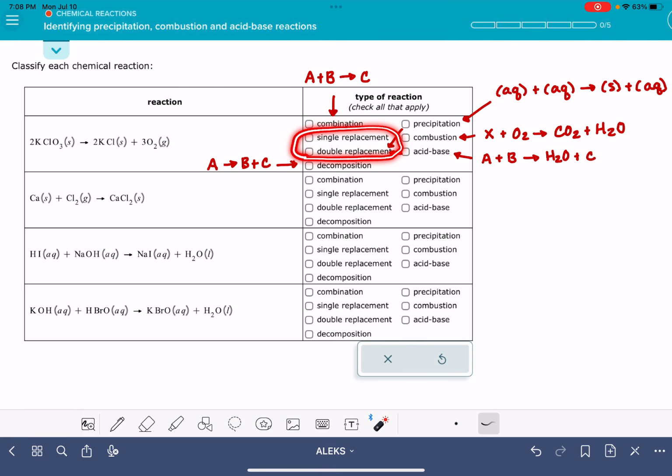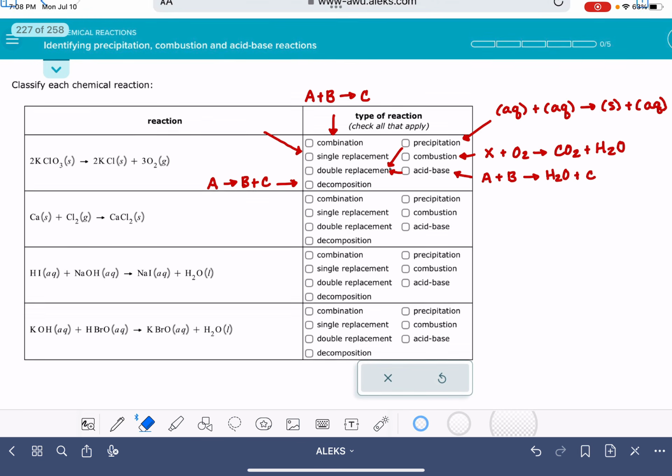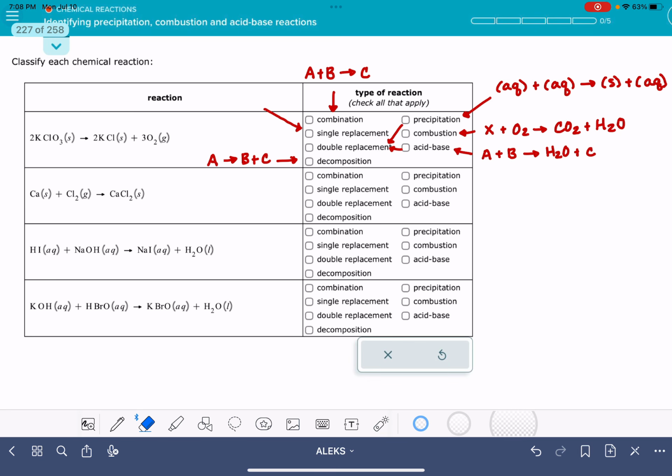The single replacement and double displacement reactions are, I think, the hardest ones to sketch out the way that I do for the others. In a single replacement reaction, you have a total of 2 products and 2 reactants, and typically a total of 3 different atoms reacting, although that's not always the case. But you're going to have one atom, not necessarily by itself. It could be 2 or 3 of that same atom, but you've got one type of atom reacting with another reactant.